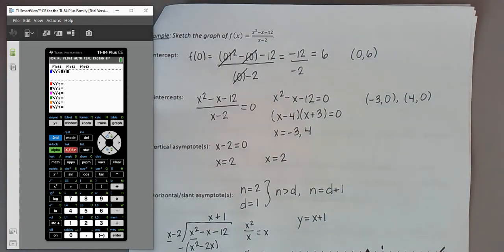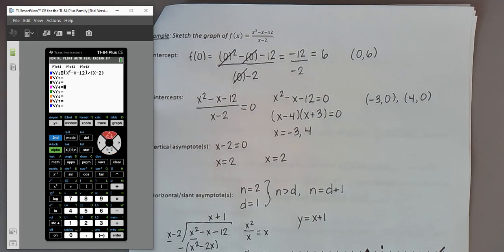So parentheses, x squared minus x minus 12, close your parentheses, divided by parentheses, x minus 2, close your parentheses, and then we'll graph it. Notice you can't see that diagonal boundary. You're not going to be able to see it. But what would happen if we typed that in? So let's actually type an additional equation in here.